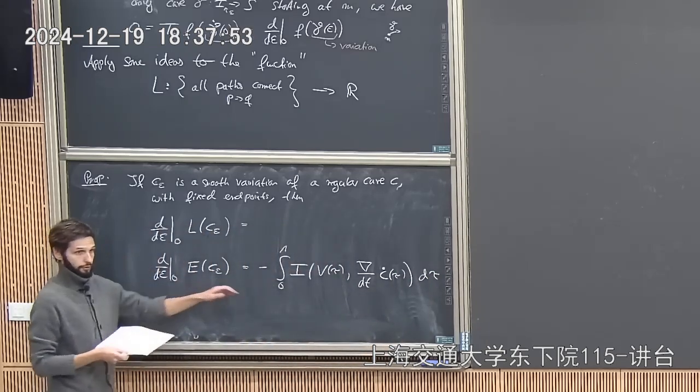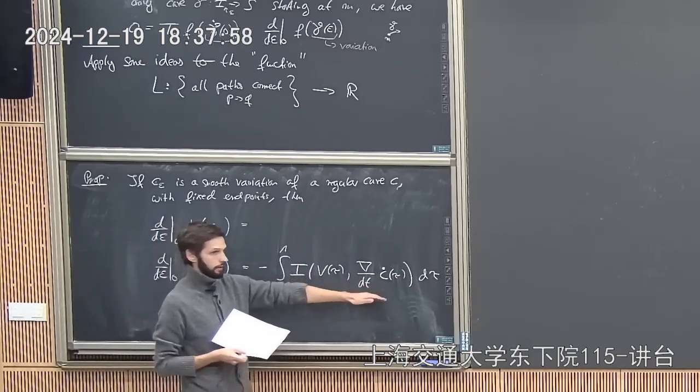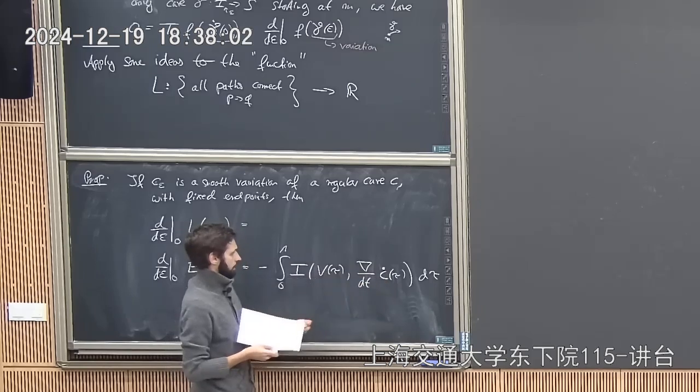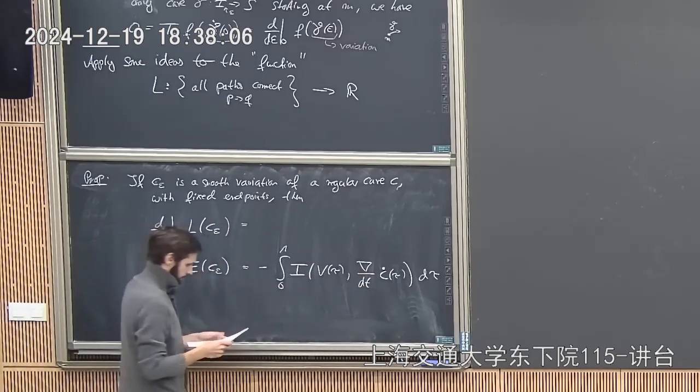So it gives you the first inclination to say, oh, there is something that depends on the covariant derivative of C. So the connection with geodesics is already appearing there.